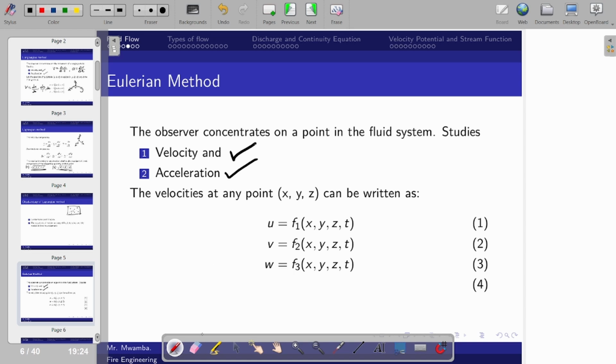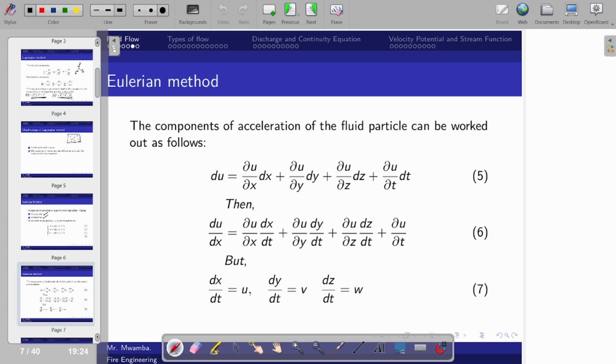So if you are given the velocity components of a particular fluid parcel, we can find the acceleration components from these velocity components, using the fluid parcel.